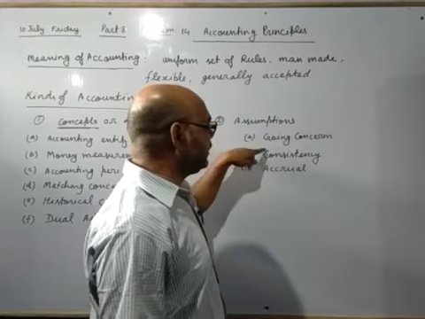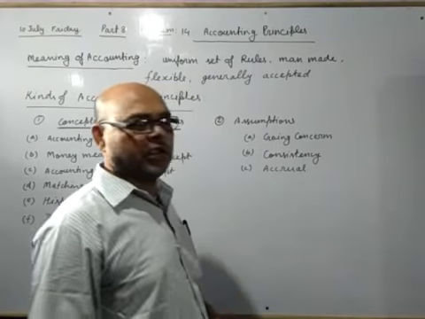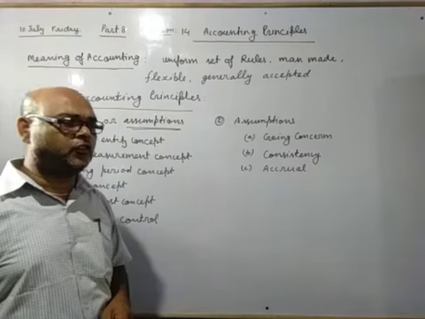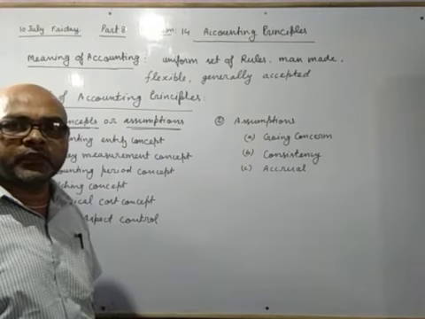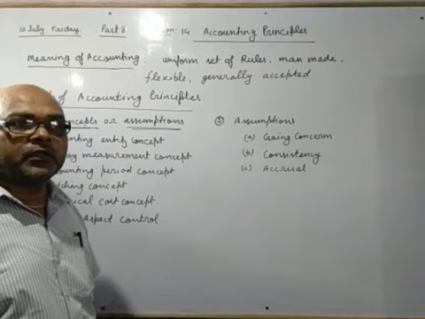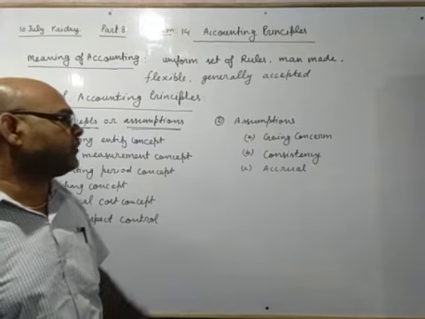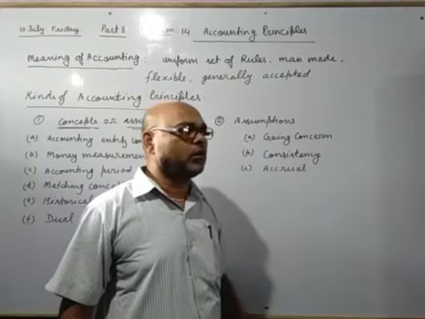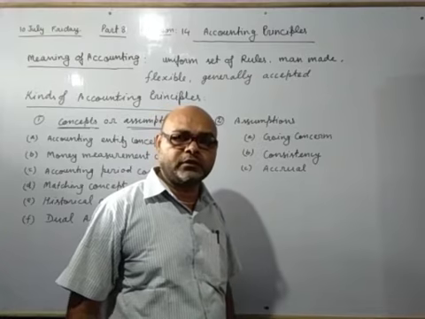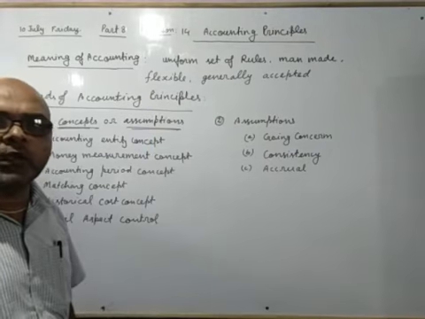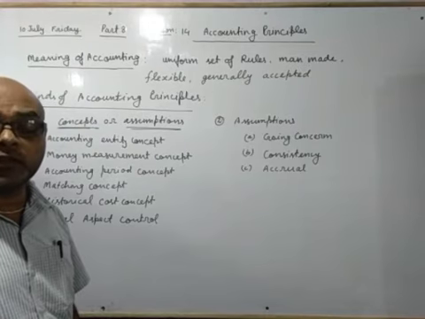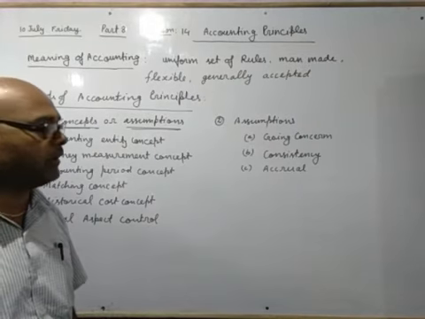Like first, going concern. It is assumed that the business will continue in the future. This is called the going concern concept or assumption. In this, we always consider the business will continue. It is not going to stop.